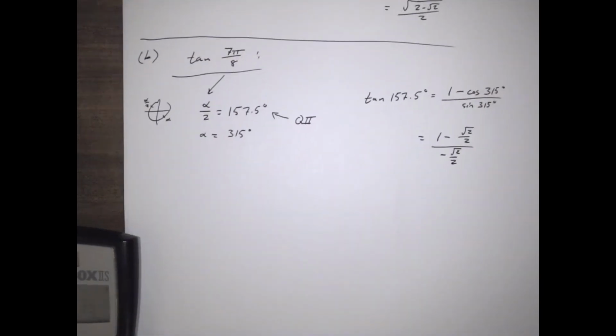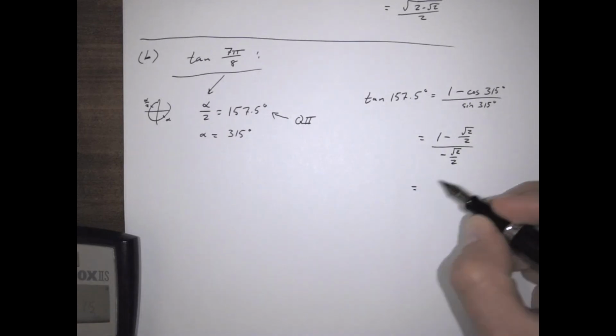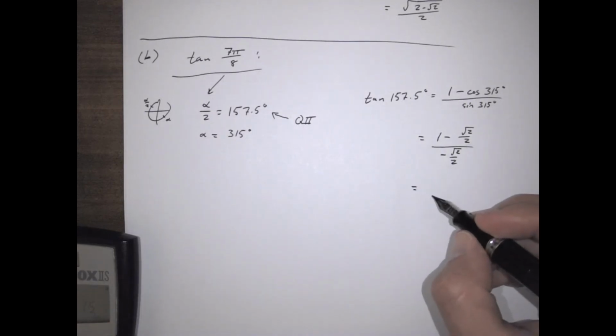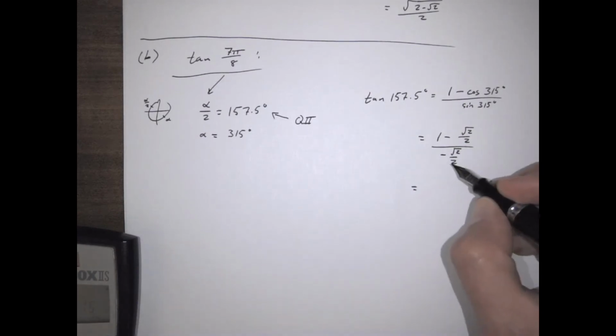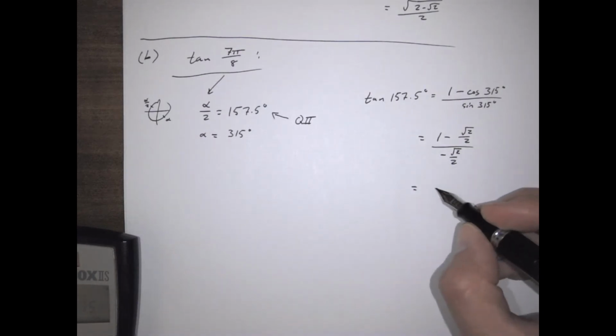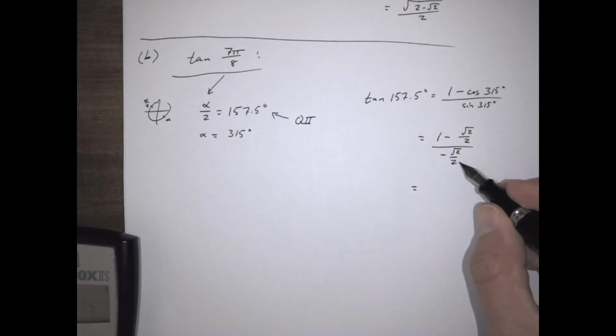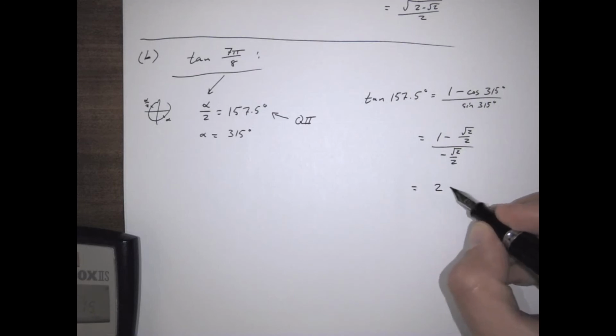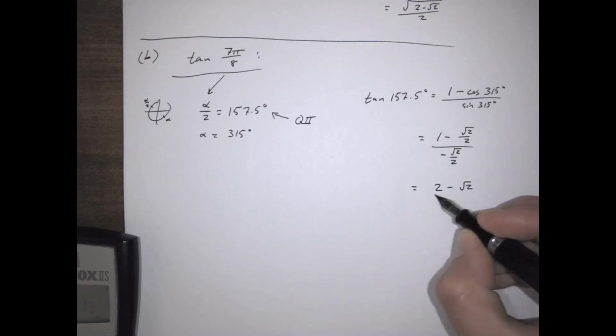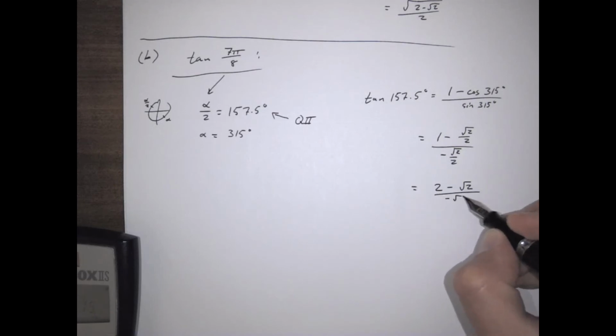And here I will rationalize the denominator and I will multiply everything by 2. Actually, perhaps the easiest way of going about this would be to rewrite this fraction as multiplication by the reciprocal. In either case, I will start by multiplying by 2 to get rid of those little fractions. 2 minus root 2, all divided by negative root 2.